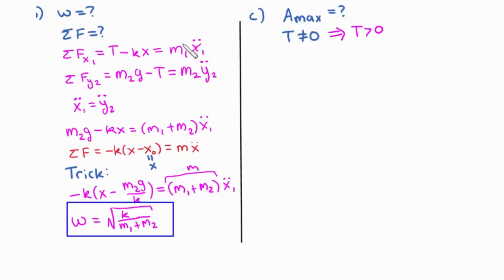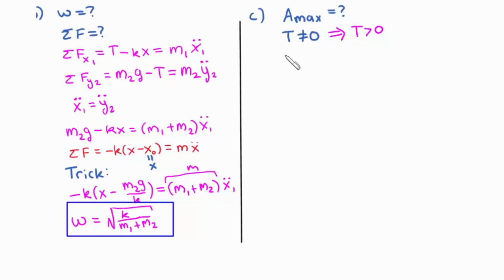So let's go back to what we have over here with our equations for our force. I have two equations: my forces on my first body and forces on my second body. Now if I look at my first equation, what I can do is solve this by working out what my acceleration is, substituting this into over here, and then from that trying to isolate out my T. Or what I can do is use the second equation and isolate out my T. So I'm going to use my second equation.